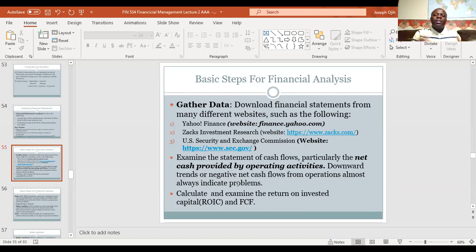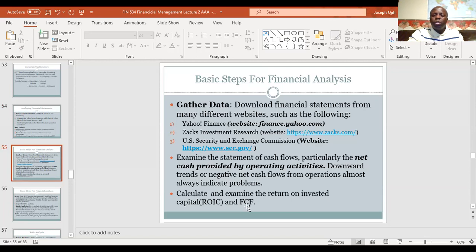Now, how do we gather data about the information? There are tons of websites that deal with company analysis and so on and so forth. I have three that I recommend. One is Yahoo Finance. The website is finance.yahoo.com.